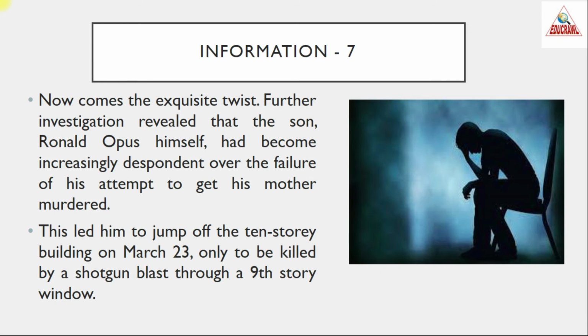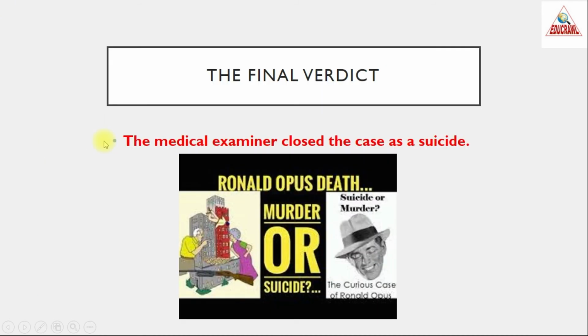So this led him to jump off the 10-story building on March 23rd, only to be killed by the shotgun blast through a 9th-story window which Ronald Opus himself had loaded. Now, the final verdict: the medical examiner closed the case as a suicide.